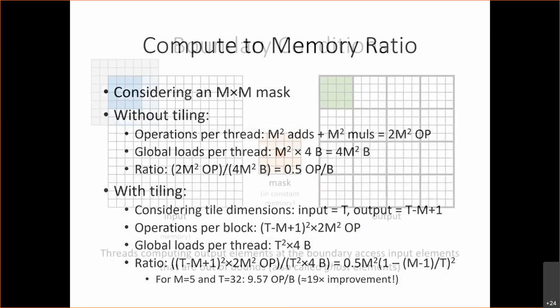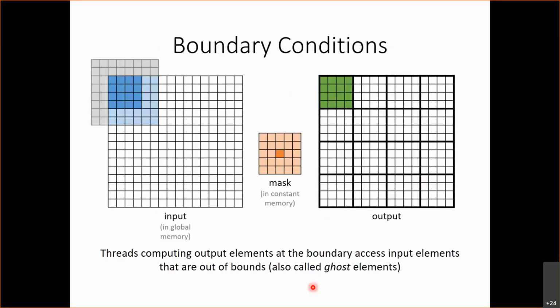One final comment about boundary conditions. When you do tiling, and like I said, we're not going to implement tiling in class because you're going to do that in the assignment, one thing you have to be careful of is, let's say you're computing this output tile, and for that you need to load this input tile.